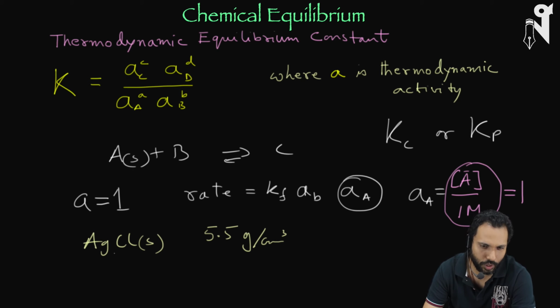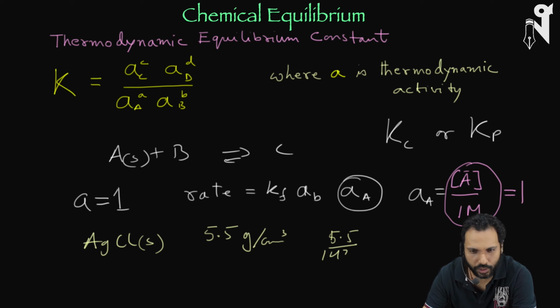AgCl has a molar weight of say 143. So if I have to get the moles of AgCl per centimeter cube, it would be 5.5 divided by 143, so many moles of AgCl per centimeter cube. To get it per liter, I'll just multiply by 1000 on top.